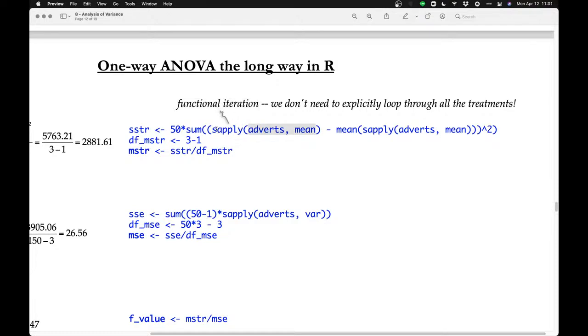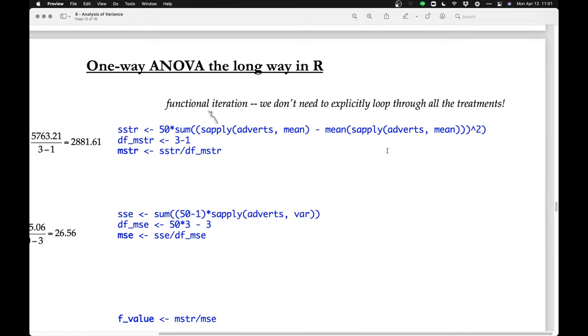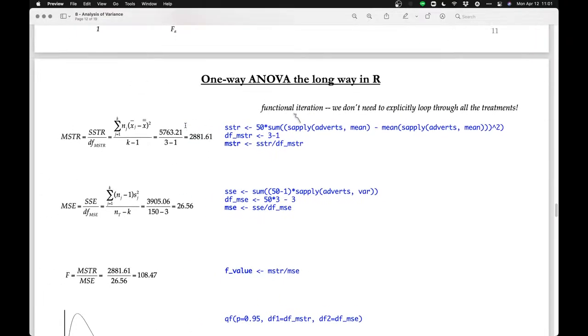I'm computing this expression 3 times. This returns to me a vector, and then this is a difference between a vector and a constant value. So this total difference squared is going to be a vector, and then I'm summing that vector together, right?